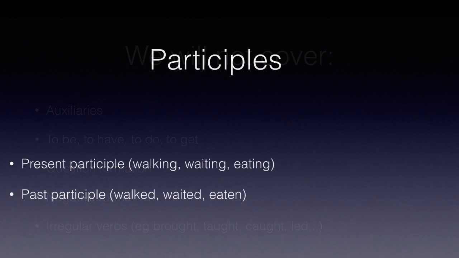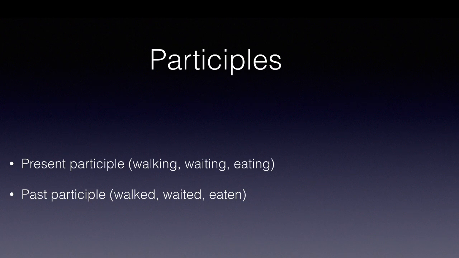Okay. Here's a quick note on terminology about participles, because these words will come up again and again during this part of the course. So there's the present participle and past participle. Notice, with walking, waiting, eating, that's an ing form, and there are different types of ing form like the gerund, etc. We'll look at all the different types much later on in the course.